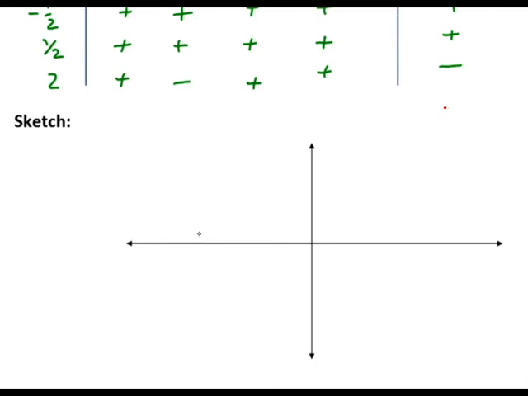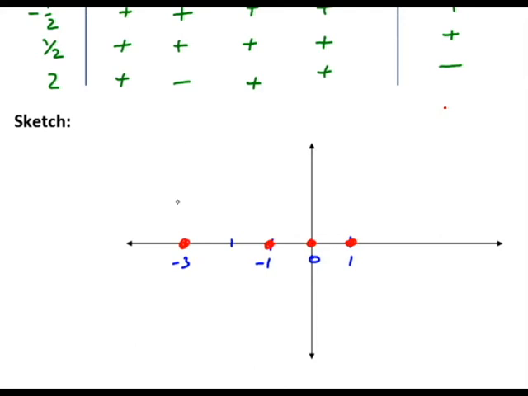Remember, we plot our critical points first, roughly to scale on the x-axis. These are the zeros of the function, so they will be x-intercepts. Don't forget the 0 at 0.